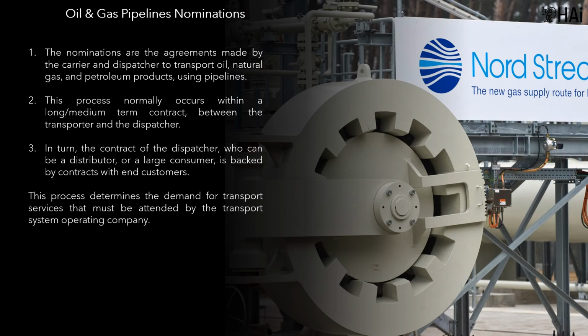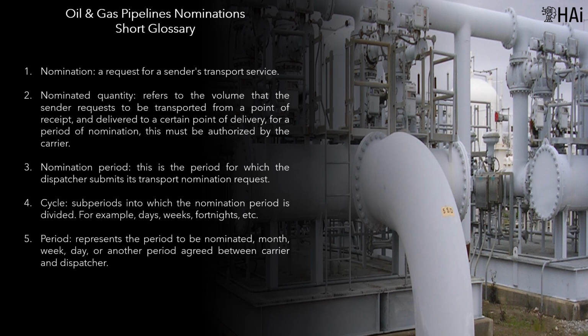Short glossary. Nomination: a request for a sender's transport service. Nominated quantity: the volume that the sender requests to be transported from a point of receipt and delivered to a certain point of delivery, for a period of nomination. This must be authorized by the carrier.